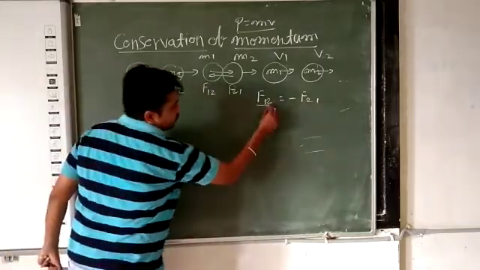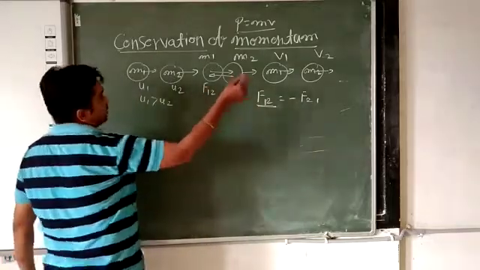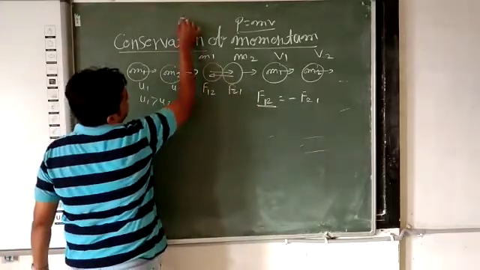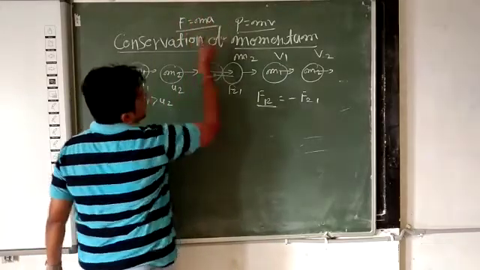What is the value of F12? See here. According to Newton's second law, F is equal to ma.